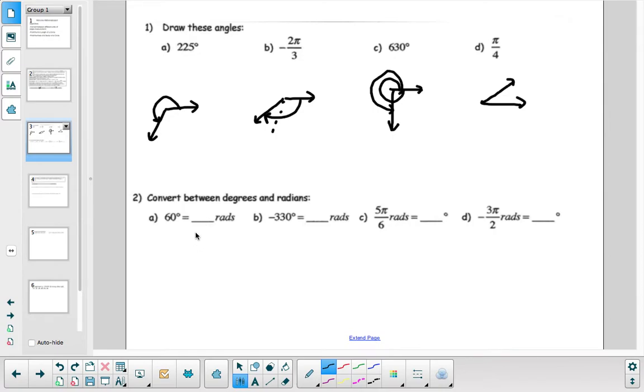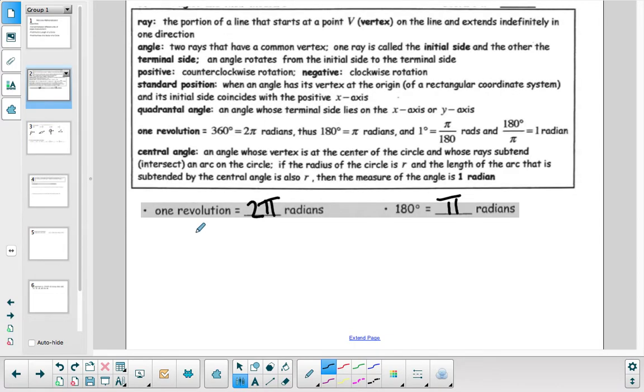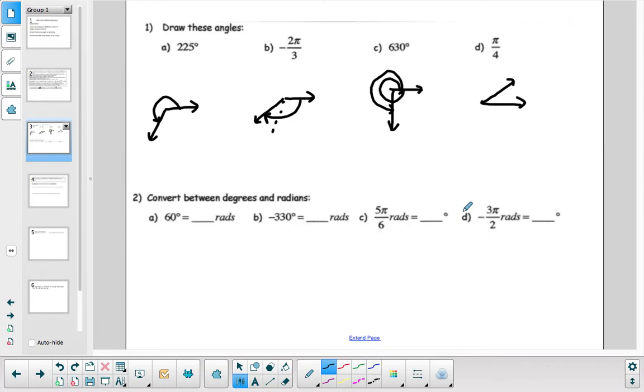Converting between degrees and radians. The key here is you have to know the portion between the two. So taking this portion, you should be able to create a ratio comparing the two. Think about converting units. So we want to convert degrees by multiplying, or we want to divide by degrees.